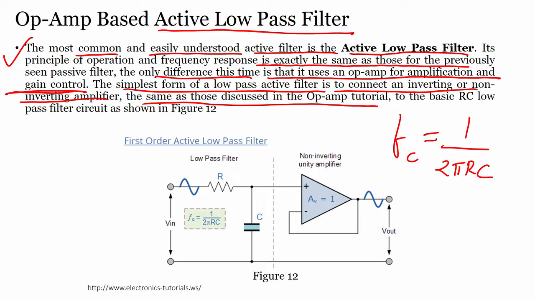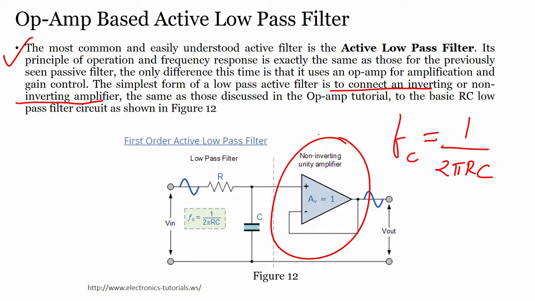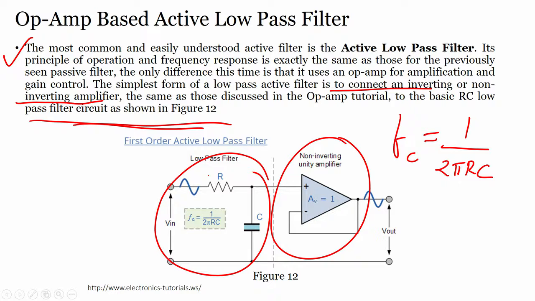The easiest way of constructing the active low pass filter is by connecting the basic RC low pass filter to an inverting, non inverting, or unity gain amplifier, as shown in the figure.